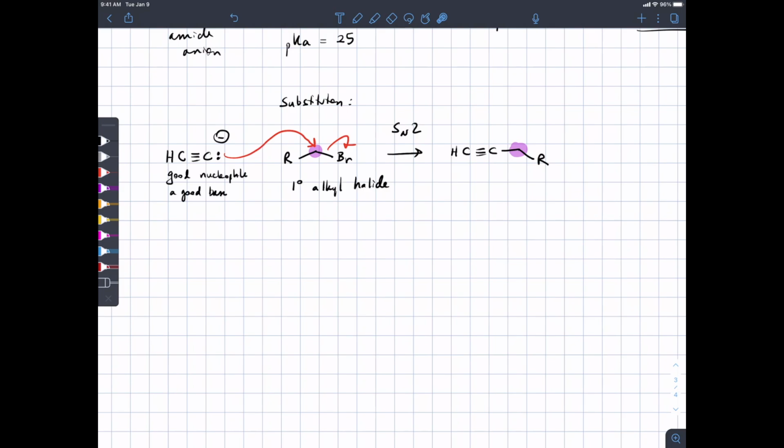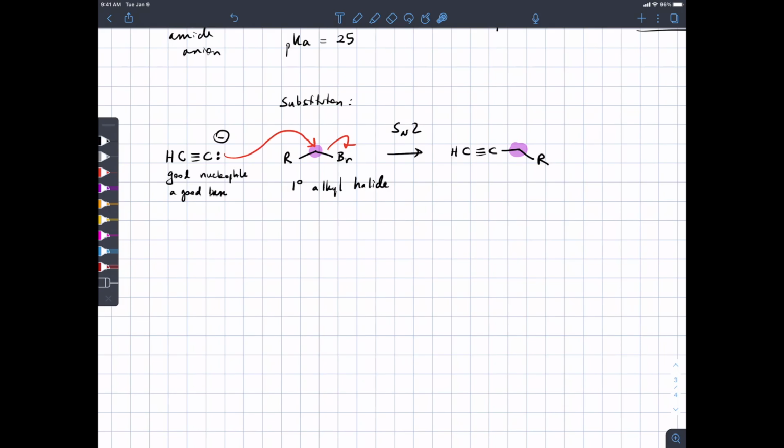That's how you build up structural complexity. So this is one of the ways we can do that. It's maybe the first way that we've learned this semester, perhaps aside from using CN- as a nucleophile. R can be a lot of different things, but it's best if the carbon attached to the bromo group is primary.